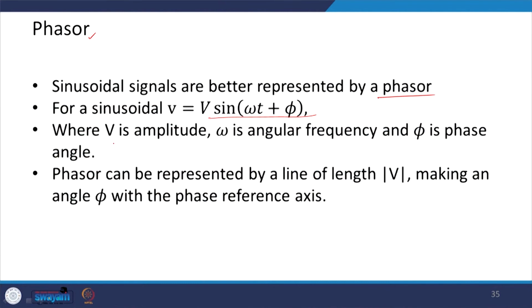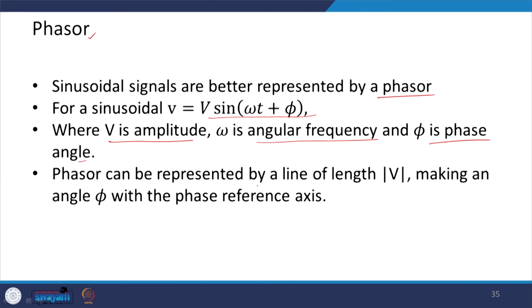So, the frequency response is analyzed with the help of a phasor, and sinusoidal signals are better represented by a phasor. For a sinusoidal, v = V sin(omega t plus phi), V is the amplitude, omega is the angular frequency, and phi is the phase angle.